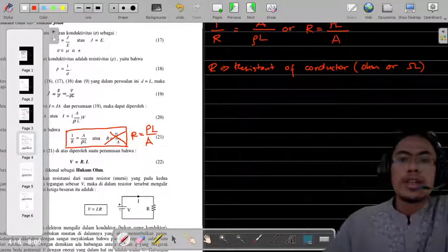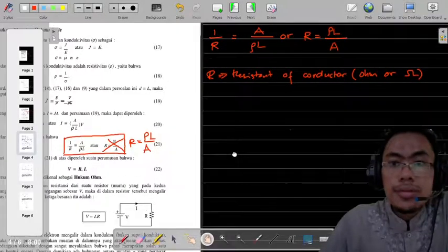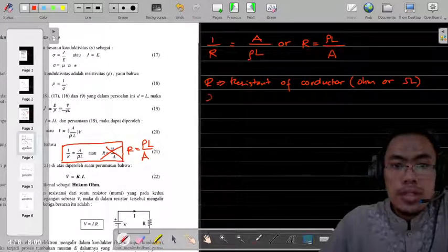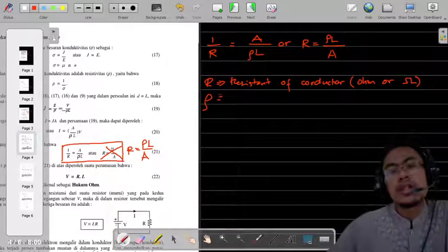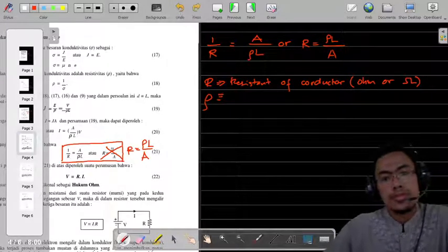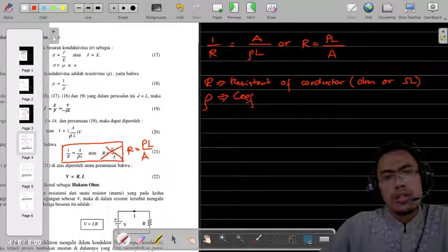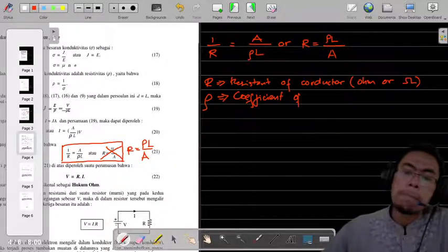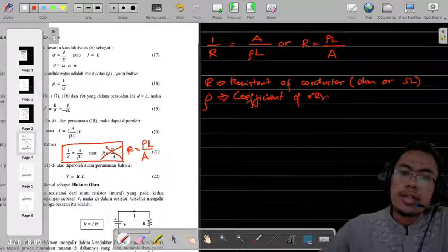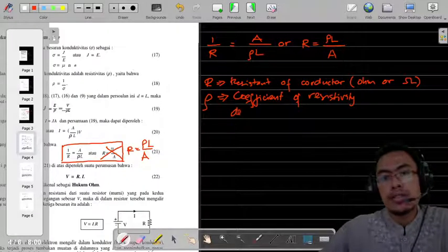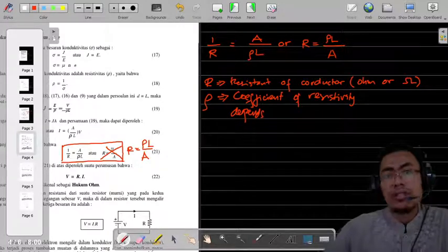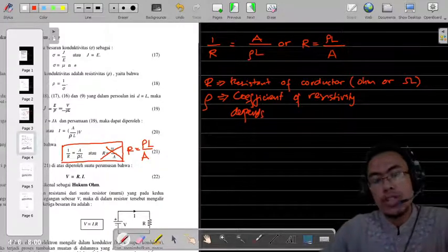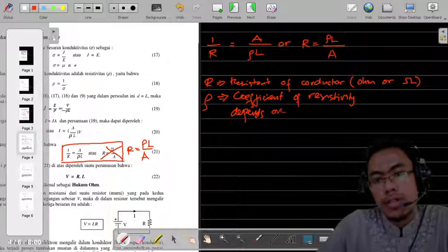And rho is coefficient of resistivity, and it depends on the material, because every material has their own value of rho.